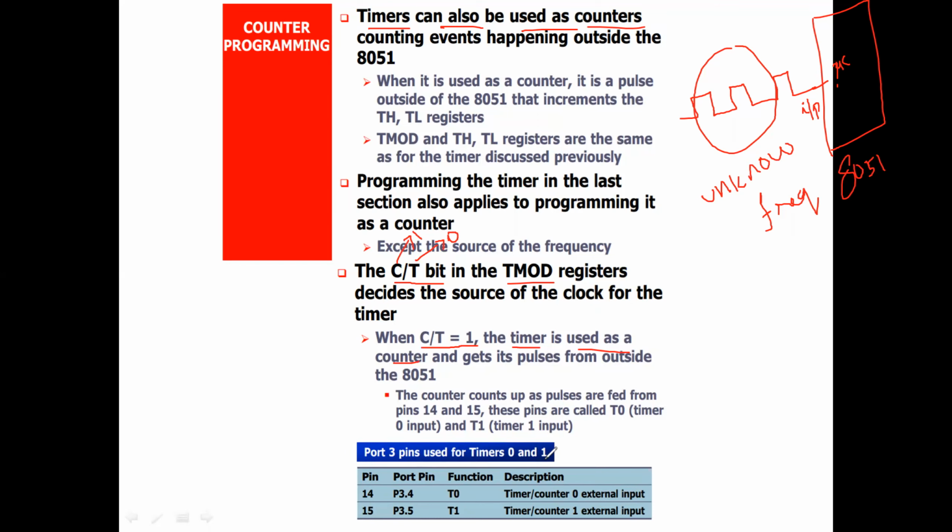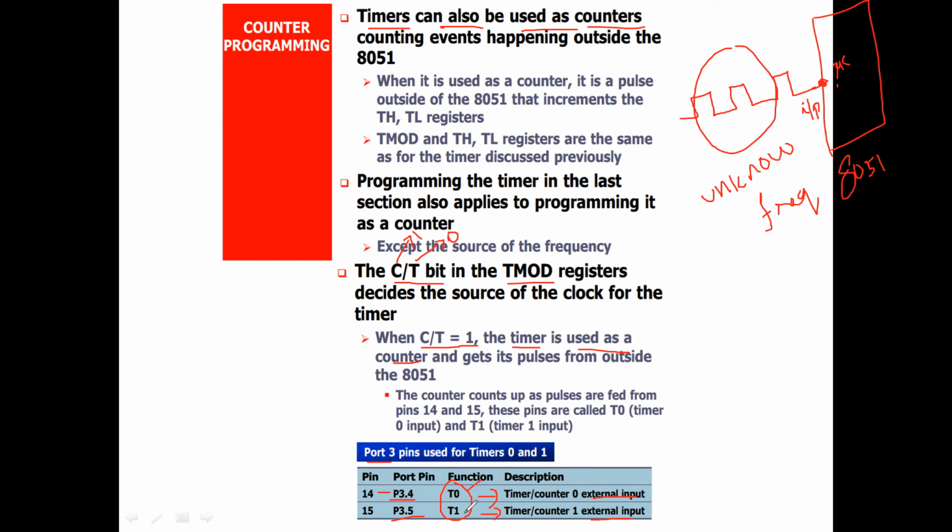So the external frequency, that is the unknown frequency, to which pin do you have to give it? There are 2 pins, P3.4 and P3.5, which are in port 3. Port 3, pin numbers 4 and 5. These pins are nothing but the timer 0 and timer 1 external pins.